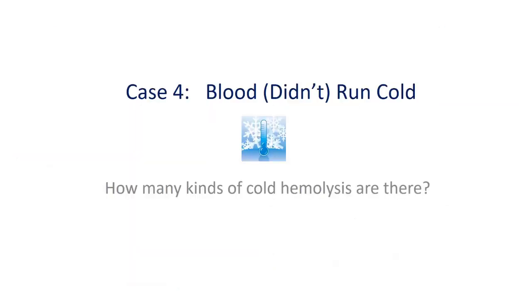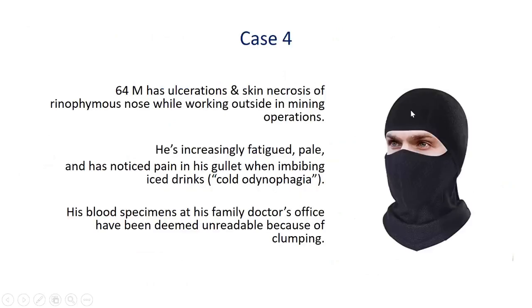Now for case 4. Blood did or didn't run cold. How many kinds of cold hemolysis are there? Here we have a 64-year-old gentleman who is suffering ulcerations and skin necrosis of his rhinophymatous nose. He had bad rosacea.